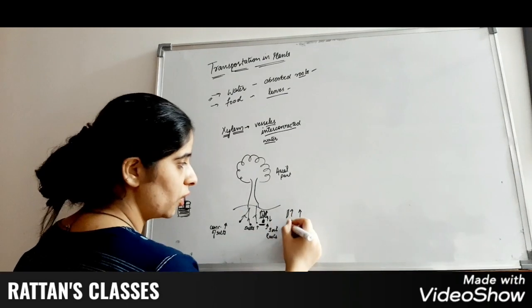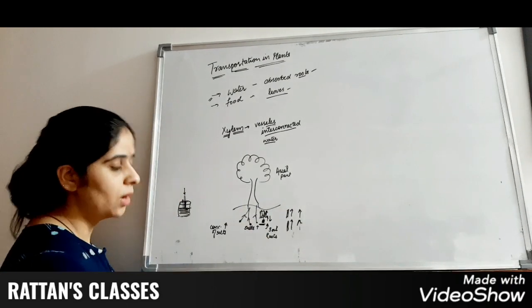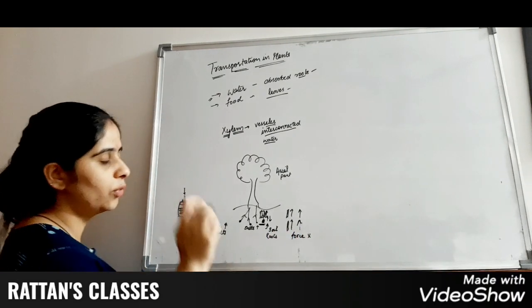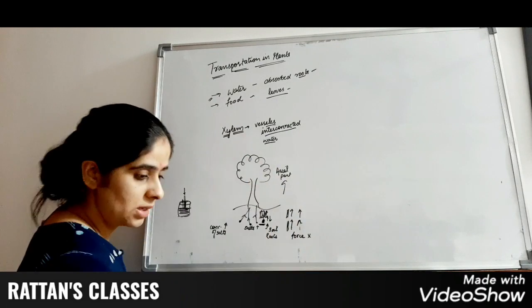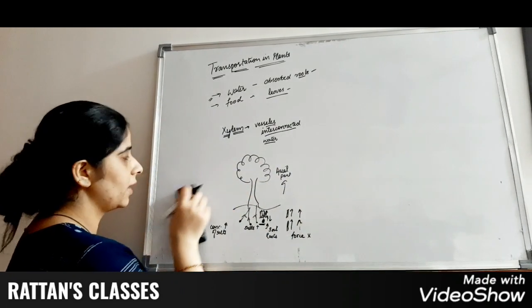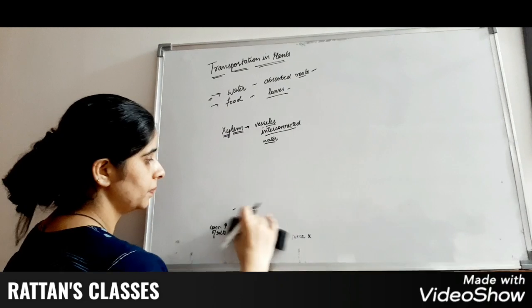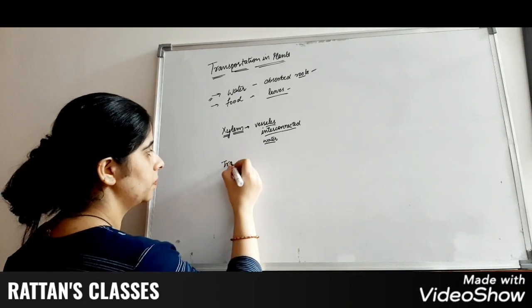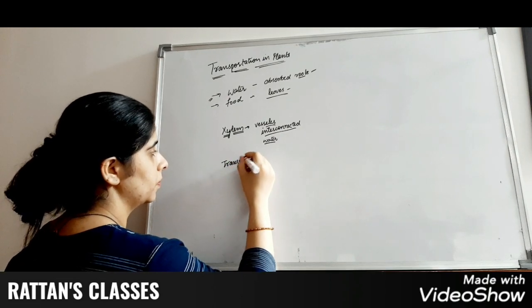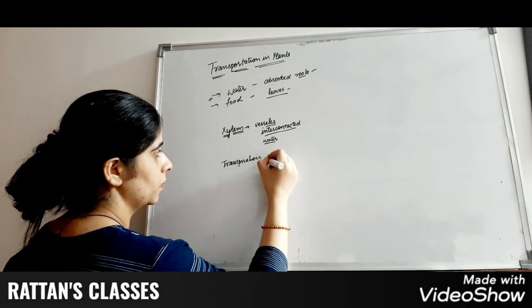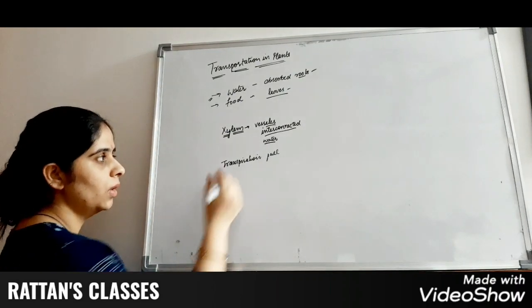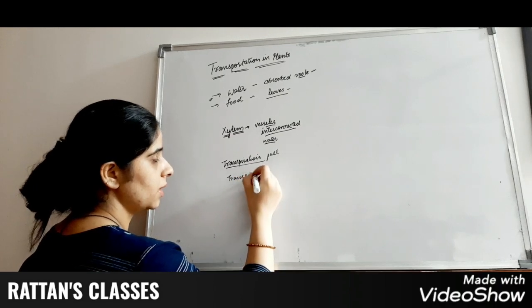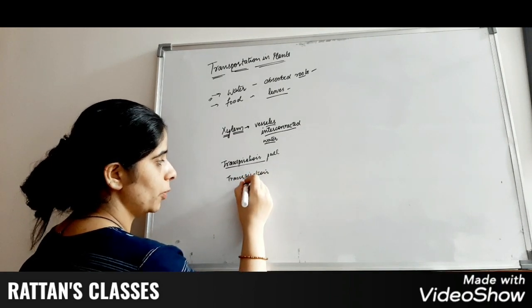In the same way, these water columns move upward, but this force alone is not enough to move the water to the aerial parts. So there is another force acting on it, that is transpiration pull. What is transpiration? The water is lost from the plants through evaporation.